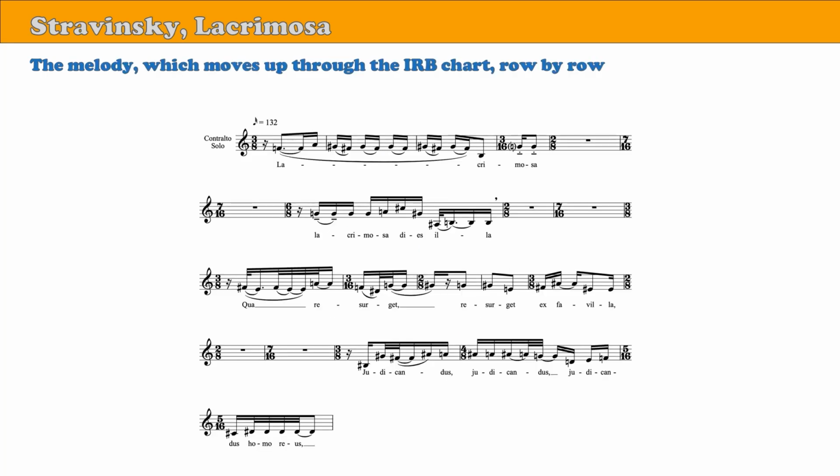Here's the vocal melody for the first section of the Lacrimosa movement. Stravinsky composes the melody by moving systematically up through the IRB array that we just generated. 6, then 5, then 4, 3, 2, and 1.